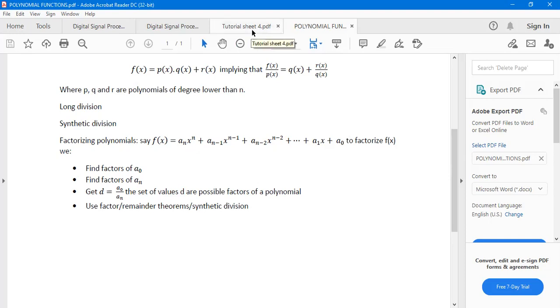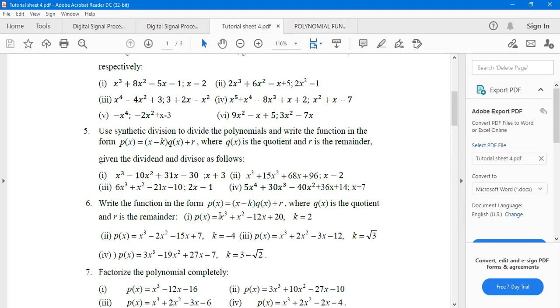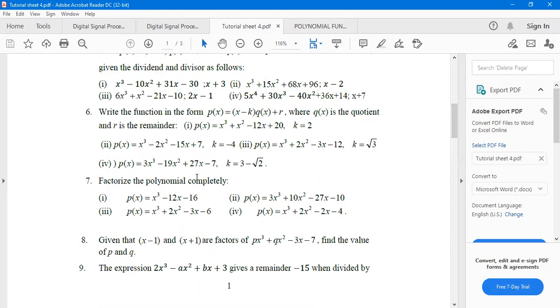Explaining this with words won't be enough. Let's see if we can get an example to factorize completely. Let's see if we can do this in the next 4 minutes. If it's not clear in the next meeting when this ends, please feel free to ask. So we have this particular polynomial, x to the power 3 minus 12x minus 16.